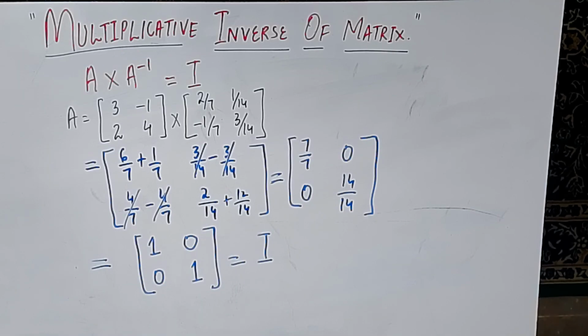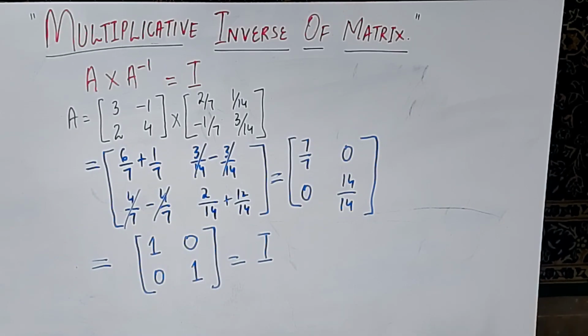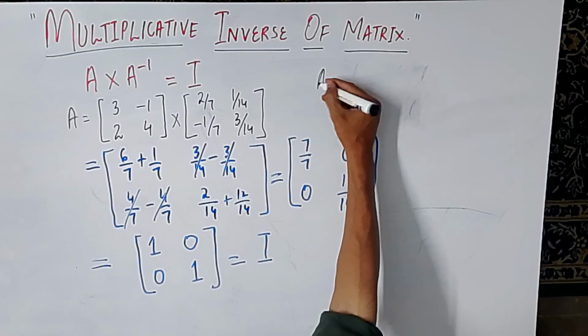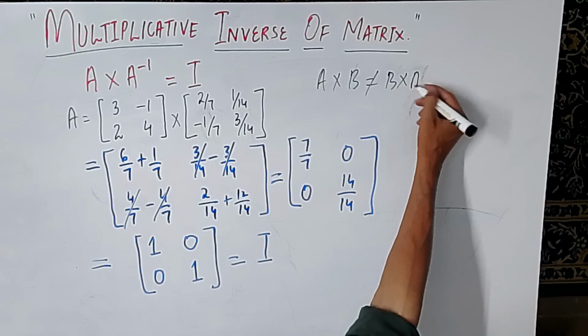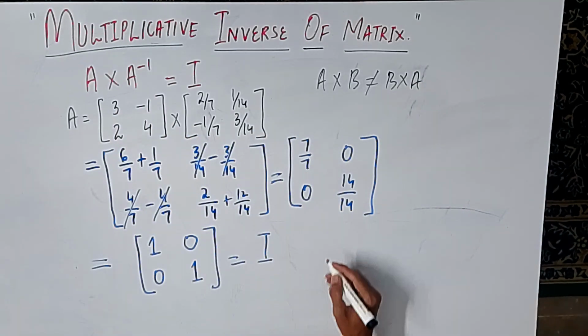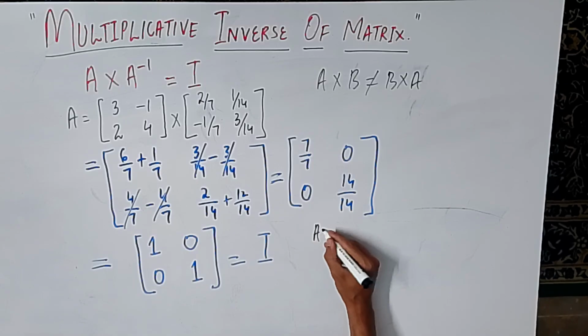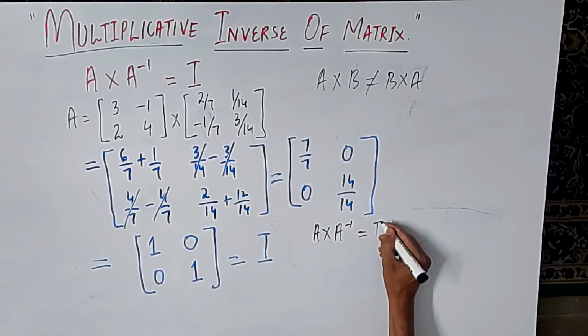So if the question is asked like this, you can do it by doing it. And if you remember, we have discussed one thing, that whenever two matrices are multiplying, they will not be equal to each other if the order will change, but this is not the case for it. So this is a special case of multiplication. So whenever you have a matrix and its inverse and you are multiplying it, the order does not matter.